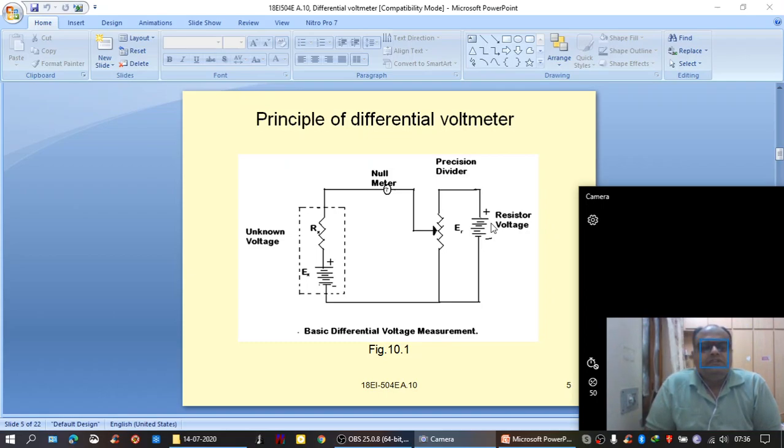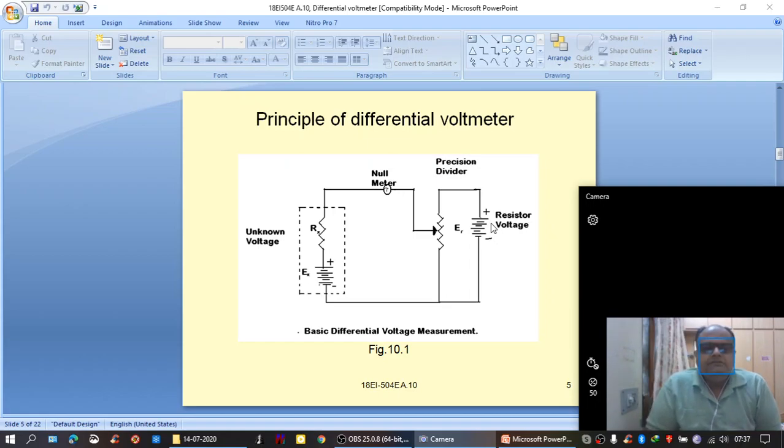When the two terminals of the null detector are at the same potential, there will not be any flow of current in the null detector, and the null detector reads 0. So at this point, we can say that the fraction of the reference voltage, that is the potentiometer voltage, is equal to the unknown voltage.